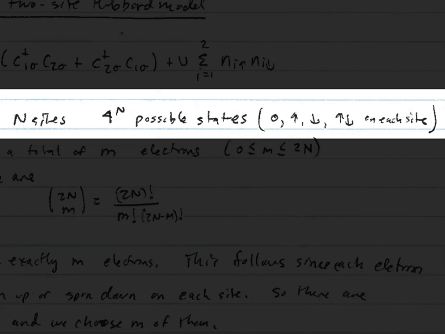For the two-site Hubbard model, that would be 4 squared, which is 16. And so the matrix for this Hamiltonian is a 16 by 16 matrix. And in principle, I could just calculate all the matrix elements of a 16 by 16 matrix, put it on a computer, and diagonalize it. But here we want to use the symmetries to reduce the problem as much as possible to get it into a state where we can actually analytically determine all of the energy levels.